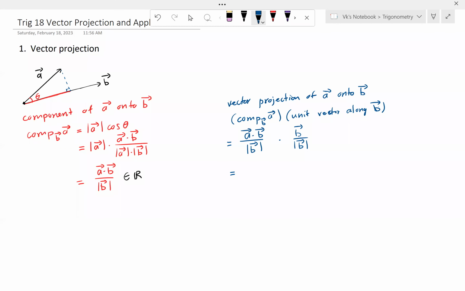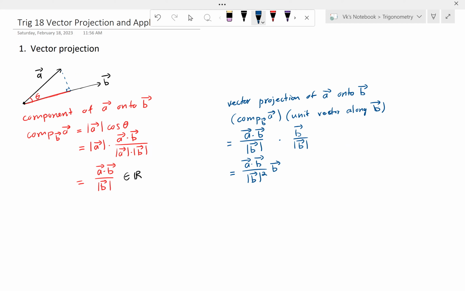And this gives us A dot B over the magnitude of B squared times the vector B. Yay, this is a vector.